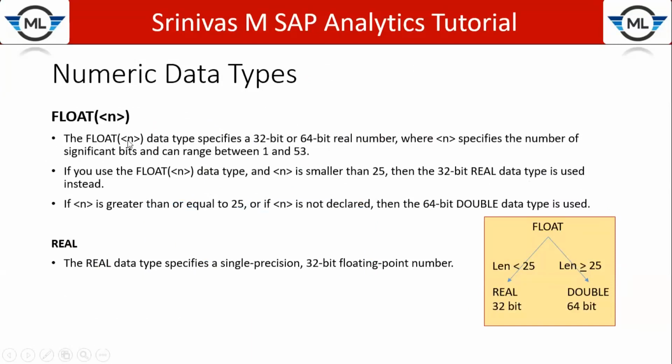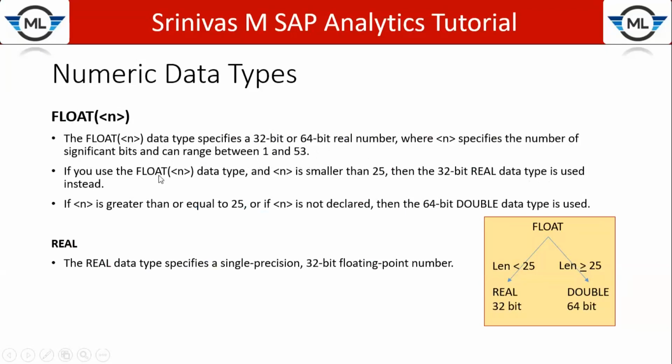So when you are defining any column with data type float, it can be stored in the database with either 32-bit or 64-bit. Here n specifies the number of significant bits and can range between 1 to 53. So if you are defining a float, you can give max 53 only, between 1 to 53, not more than that.